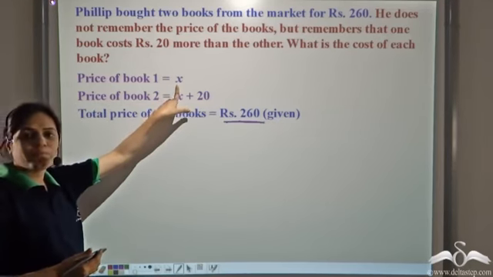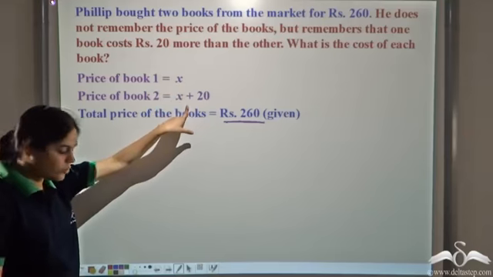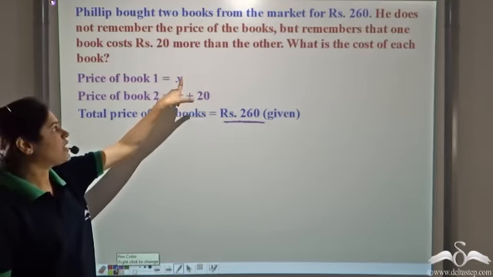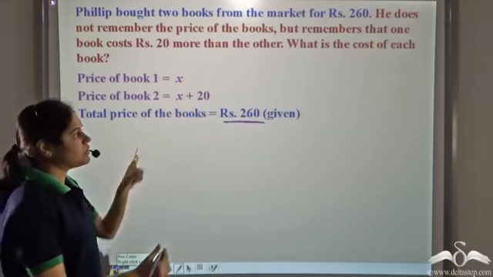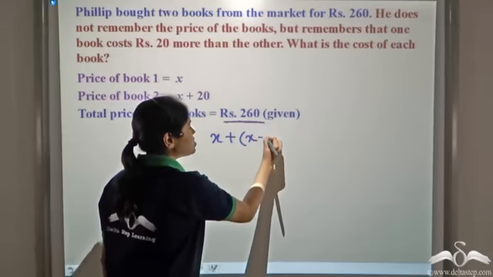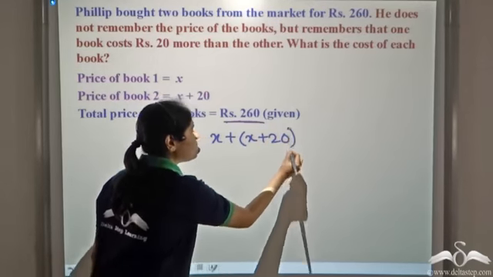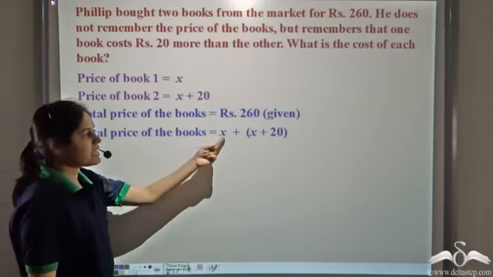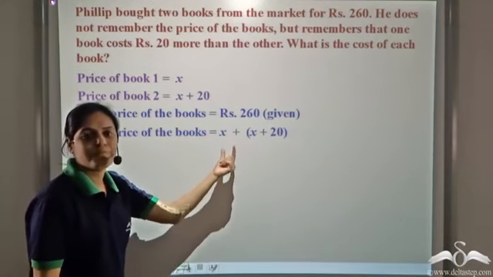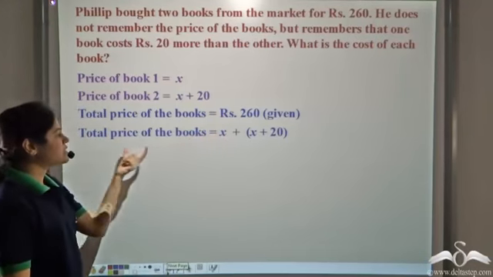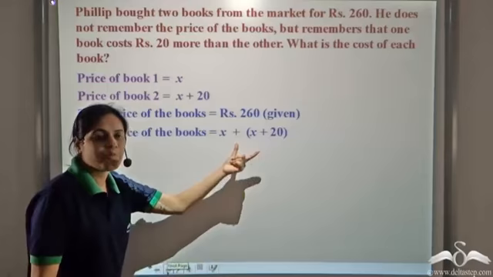This is the price of one book. This is the price of the other book. So what will be the total price of both the books? It will be the sum of these two, that is x plus x plus 20. This will be the total price of the 2 books. And these two should be equal, because this represents the total price of the books.